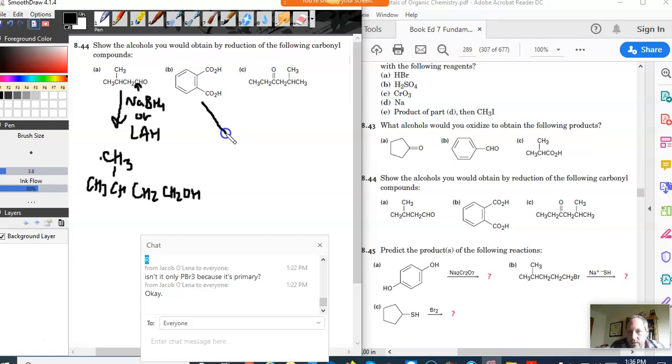You can't use sodium borohydride, you have to use LAH in this case. And in this case, you get the dialcohol. Remember, those carbons are there, so you've got to keep those carbons. The carbon right here, and the carbon right there.